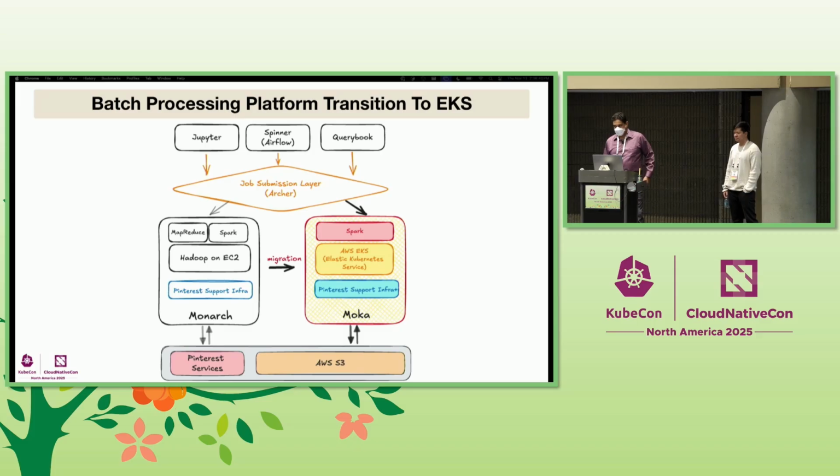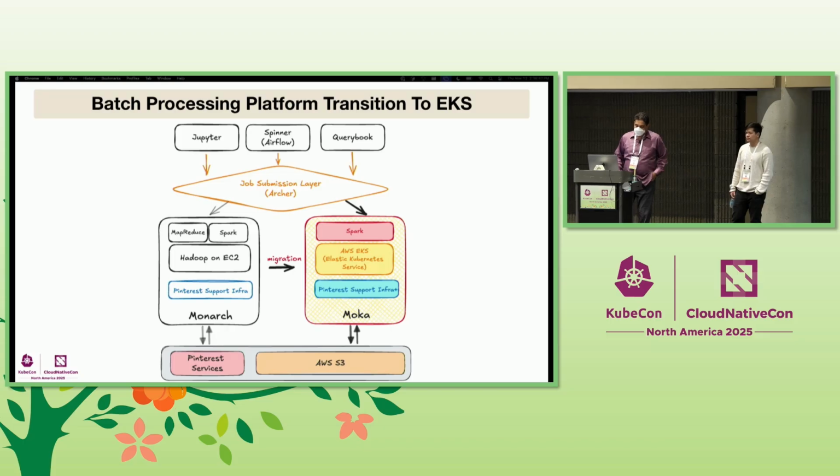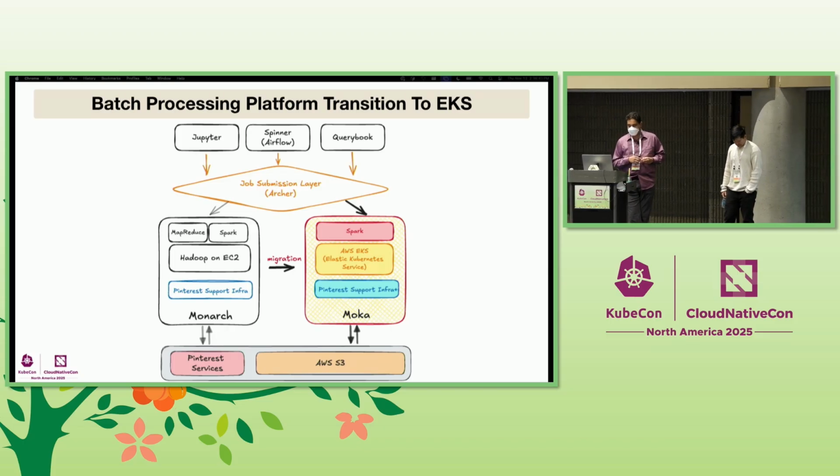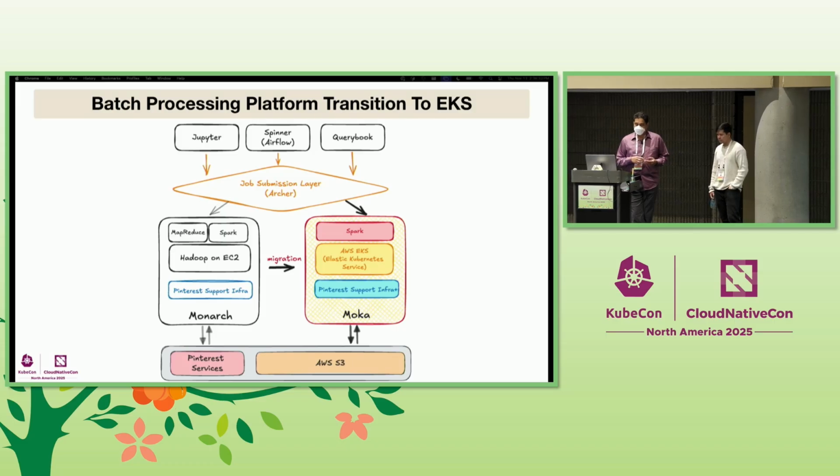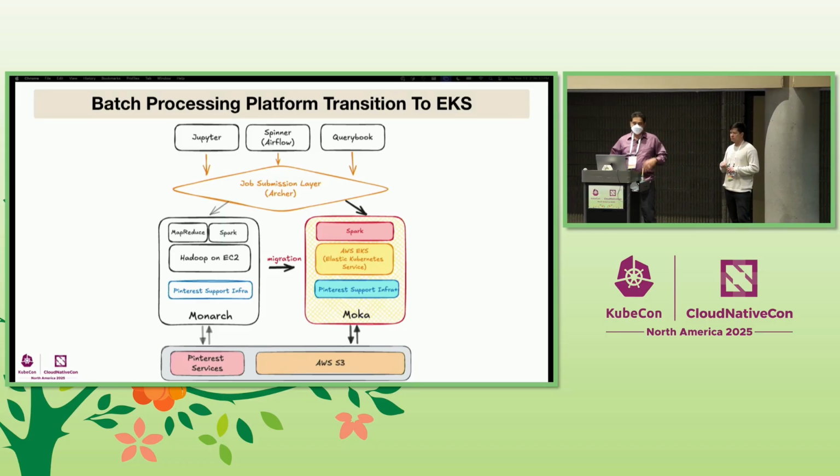We use AWS services within that a fair amount, and that'll feature more as we kind of go forward. So here, what you'll see is users will compose jobs, say using Airflow, or they'll submit interactive jobs via Jupyter or Querybook, and then underneath the covers, we'll decide whether to send it to Hadoop or to Mocha. By and large, these days, it's mostly Mocha at this time.